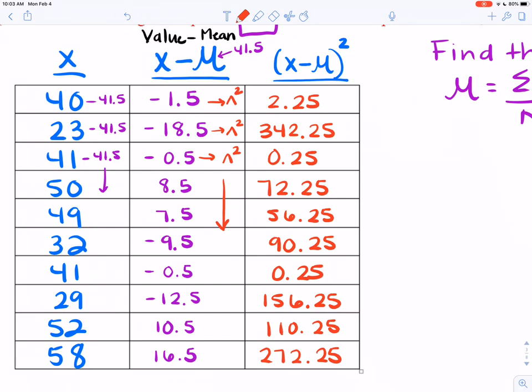All right, now this is the work that you're going to do every time you need to calculate variance or standard deviation. All right, first column, take your data value. Second column, subtract the mean. Third column, square.